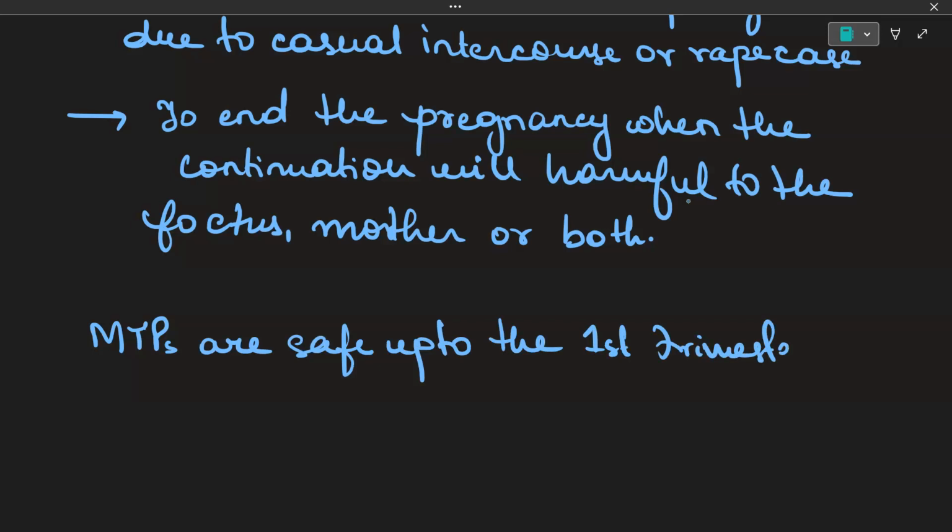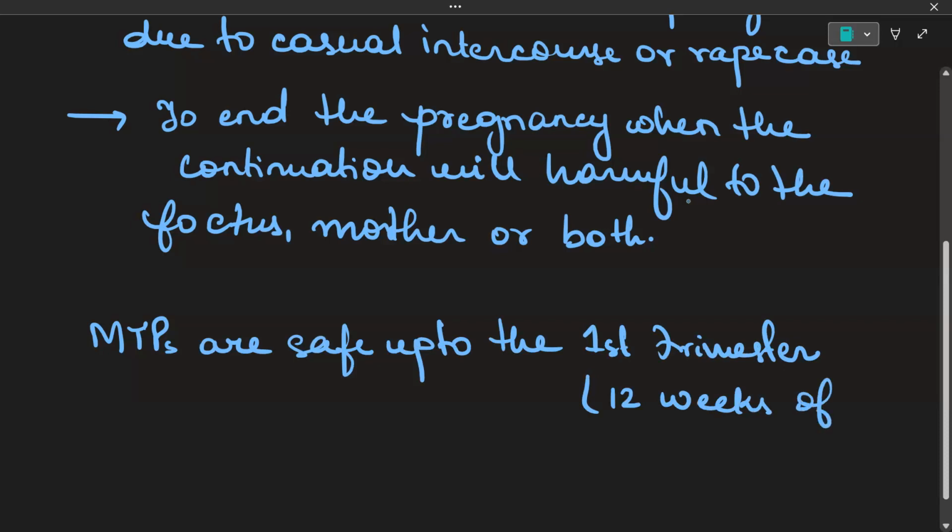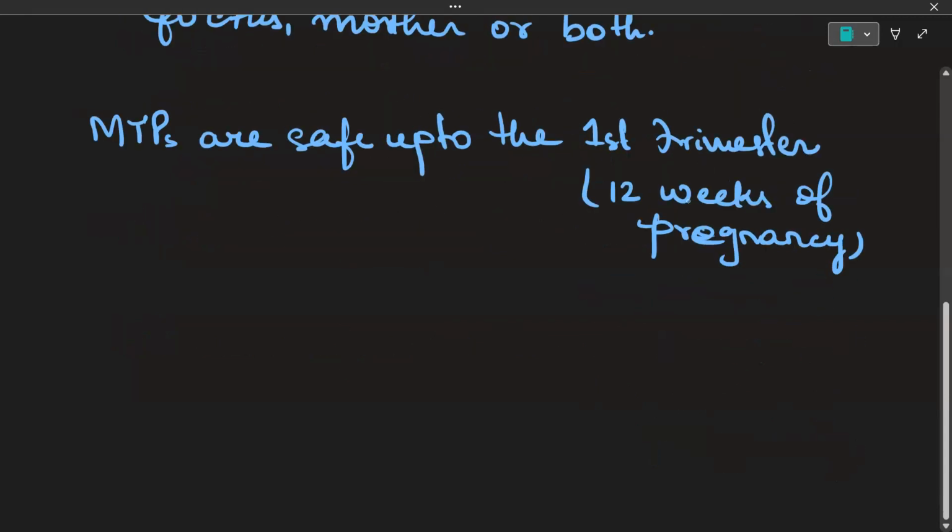First trimester means 12 weeks of pregnancy. So if it is done at this point of time, then it will be considered as the safe practice.